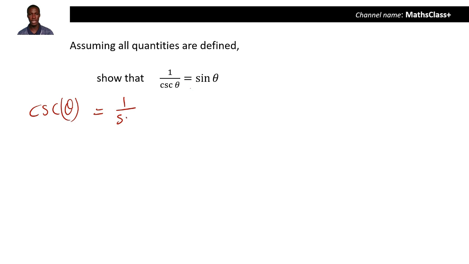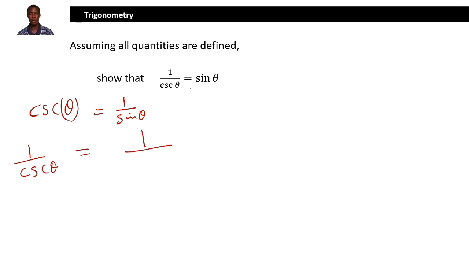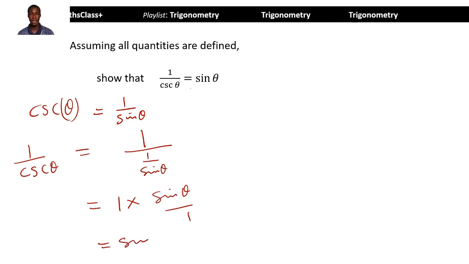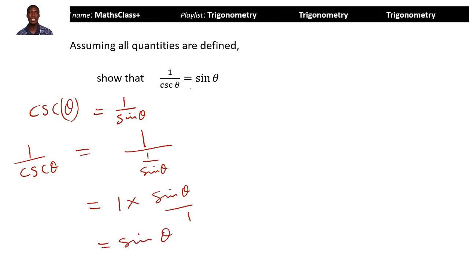So 1 over sine theta gives us cosec theta. That means that 1 over cosec theta as given is going to be 1 over 1 over sine theta. That's what it means. And so we can reciprocate: 1 times sine theta over 1. And that gives us sine theta. And it is as simple as that.